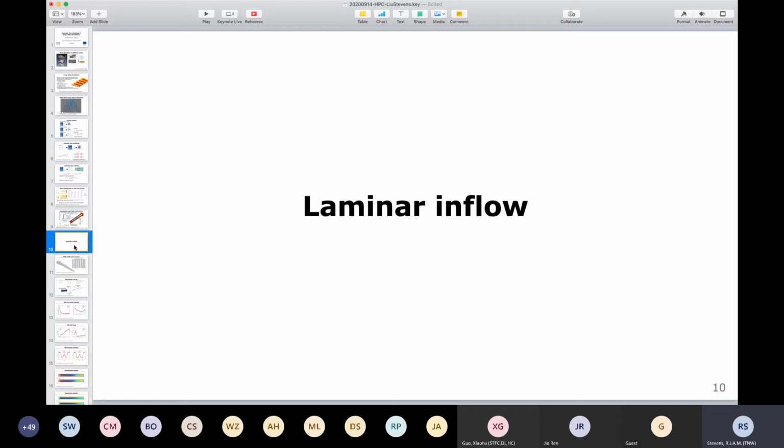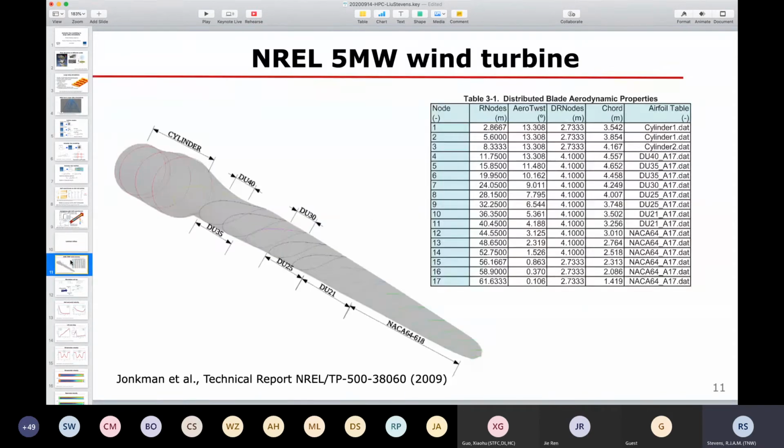The first case that we're looking at for the actuator line model is the NREL 5 megawatt case. We use the data from the NREL report over here, and we use the tabulated data given in the table over here to represent the wind turbine blades.